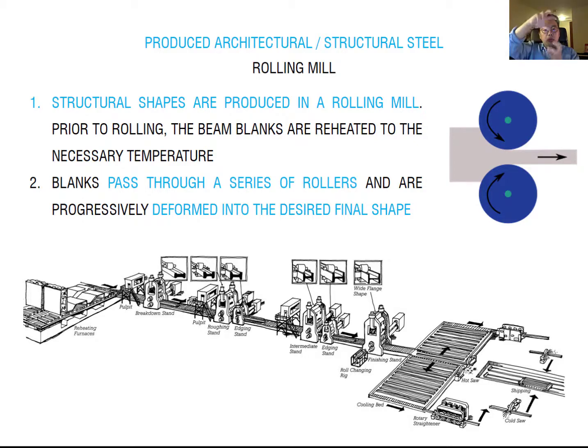Depending on the roller type, you can make wide flange, you can also make plate, so you can make various forms from this roller. If you want to make a very thin metal plate, you have to pass through several rollers to reduce the thickness. Okay, so let's watch a video to understand the rolling mill better, and then we will talk about some steel member types. Okay.